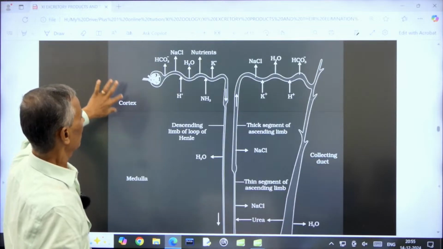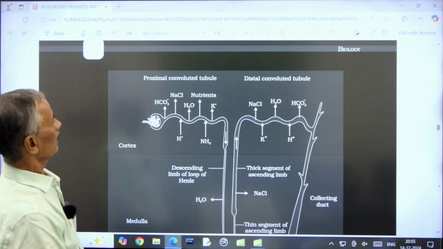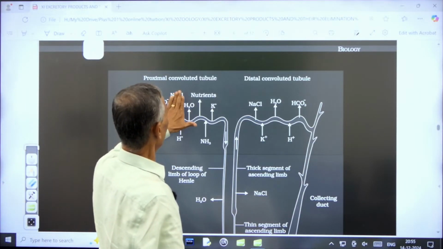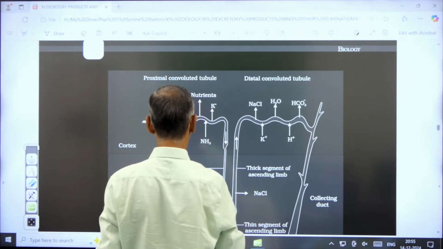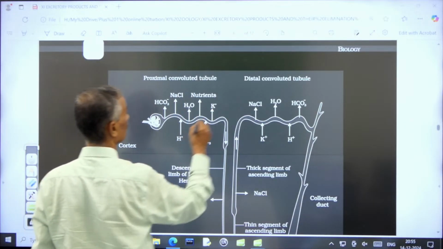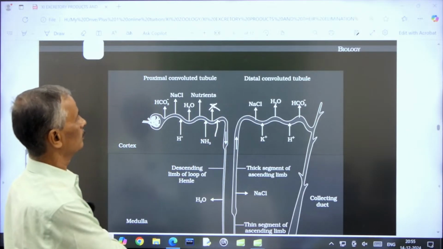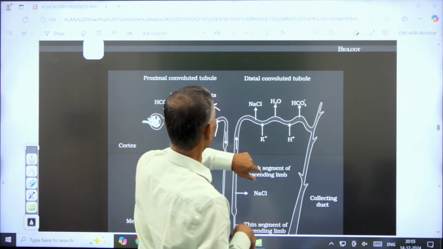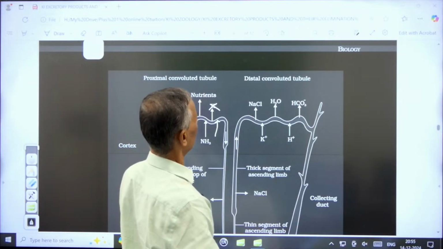You have this diagram. So, bicarbonate, sodium chloride, water, etc. are absorbed here, and here potassium is not absorbed. Potassium is actually secreted. So, bicarbonates are absorbed back, and potassium, a small amount of ammonia and hydrogen ions are secreted.